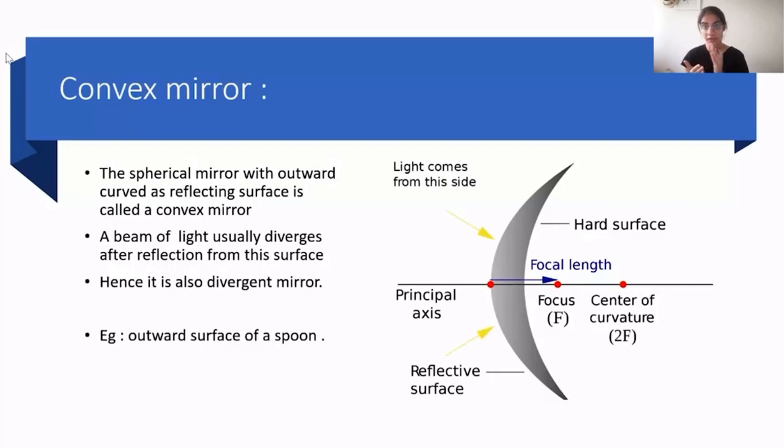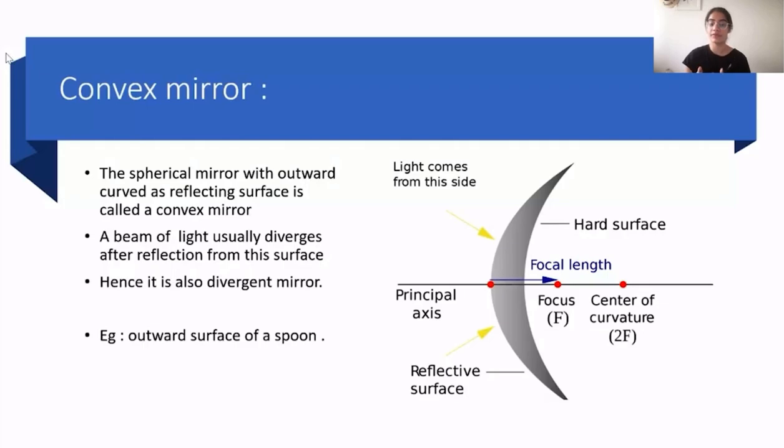Both convex and concave mirrors are part of reflecting spheres. Now, when a beam of light is incident on a reflecting surface such as a convex mirror, it diverges into another direction after reflection. They don't converge at a point. And hence, convex mirrors are also termed as divergent mirrors.